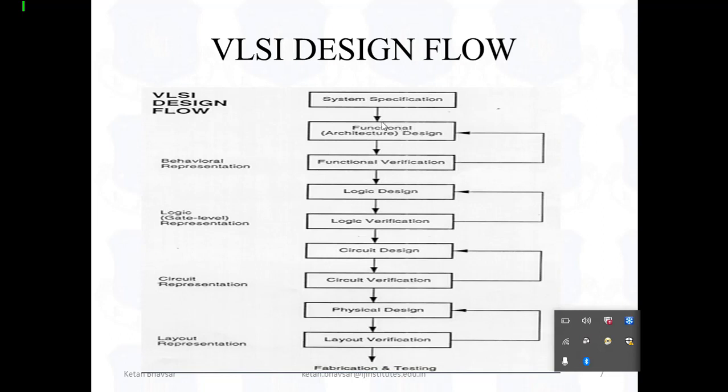So as you can see, after functional design, again verification; logical design, again verification; circuit design, again verification; and after physical design, verification. So it plays a main role in designing any product or working on any project in VLSI technology.